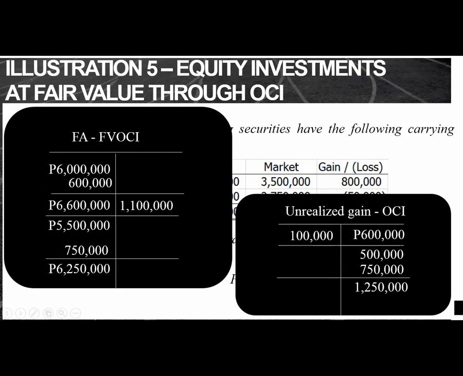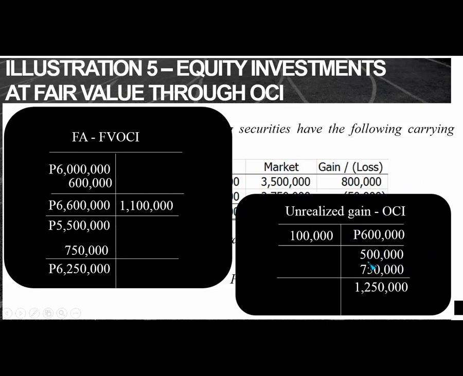So again, the usual questions here are, for example, he will ask about how much is the balance of the financial asset at fair value OCI as of a certain date, or cut-off. We already know, we refer to the market value. Another possible question is, how much unrealized gain OCI shall be reported in your statement of comprehensive income, specifically in other comprehensive income, for the year 2020.